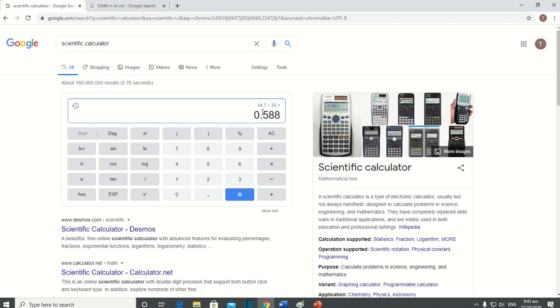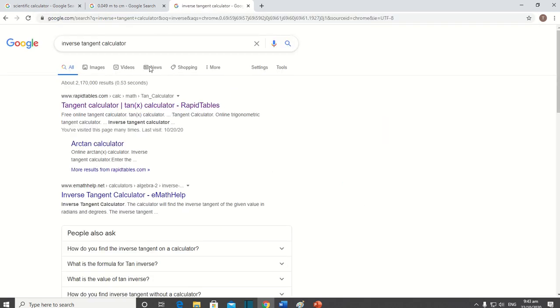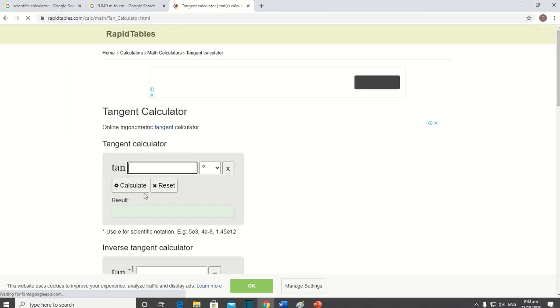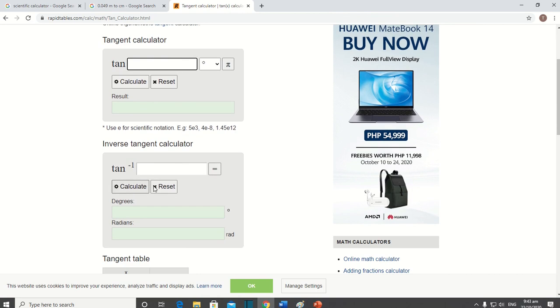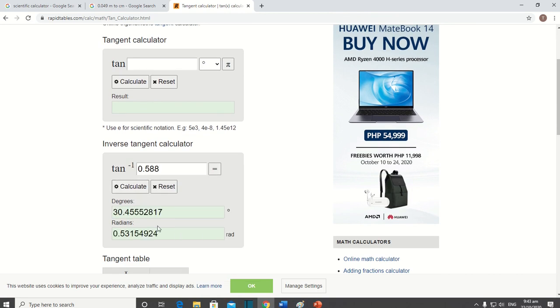Tanda natin, 0.588. Copy na lang. Search natin inverse tangent calculator. Wala kasi akong cycle, so gumagamit na lang akong calculator online. Paste natin dito. Calculate. Kukunin natin. So, approximately 30.46 degrees siya.